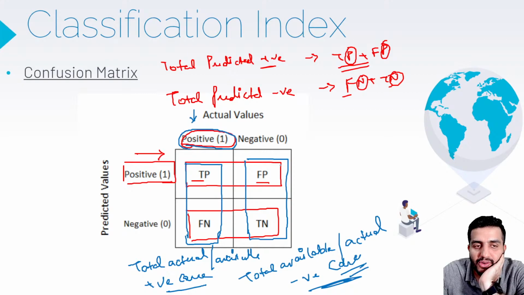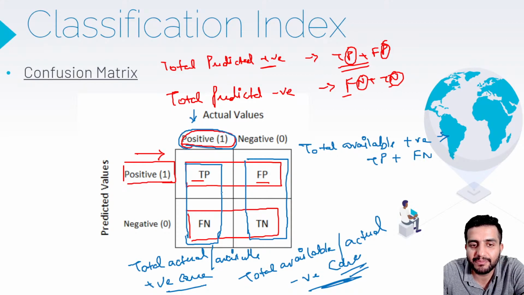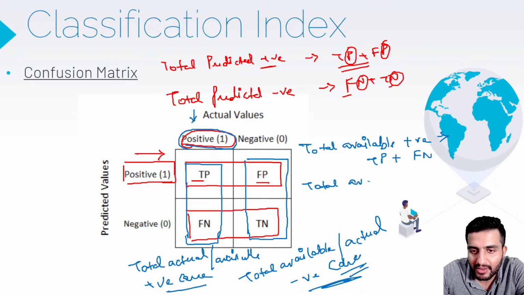So now coming back, look at this. What is my definition? So total available positive would be TP plus FN. Likewise, total available negative would be what?